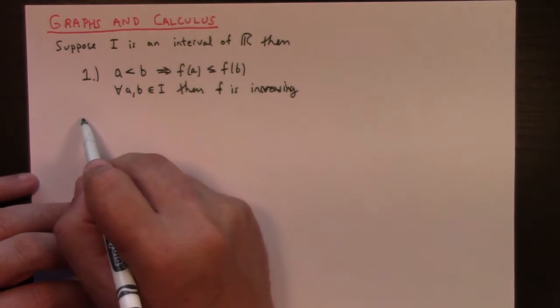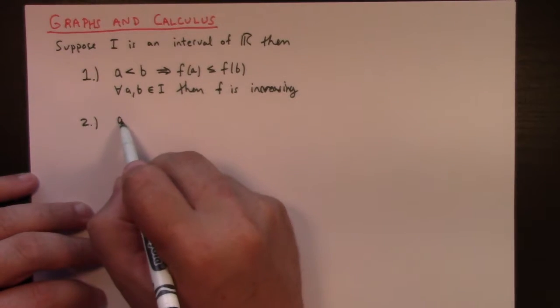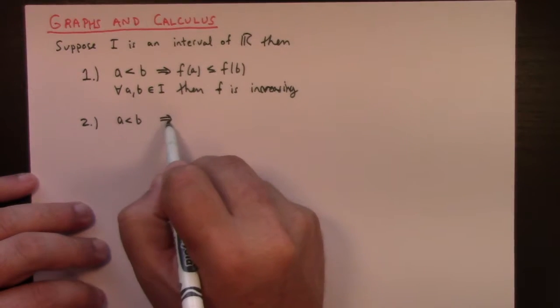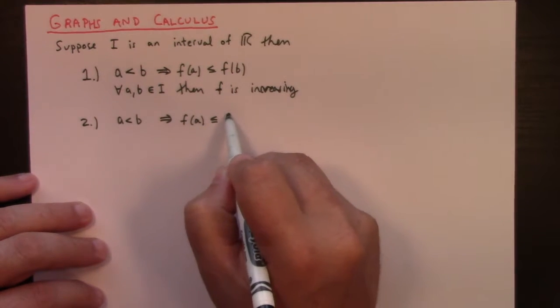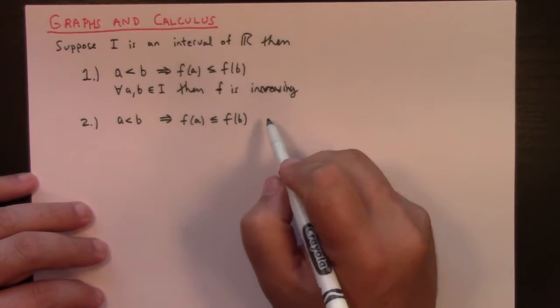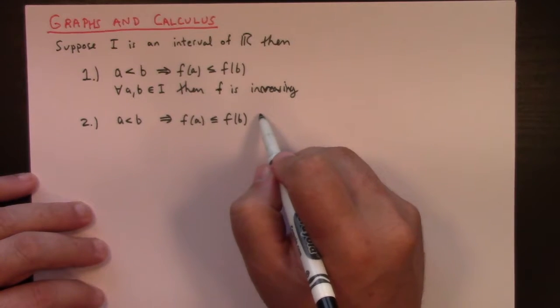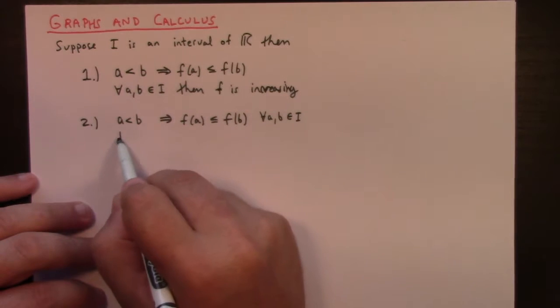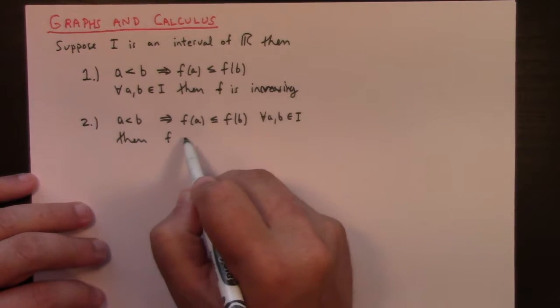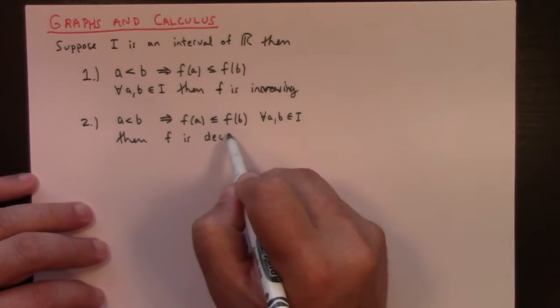Alright, 2. If A less than B implies that f of A is greater than or equal to f of B, again, for all A and B in the interval, then f is decreasing.